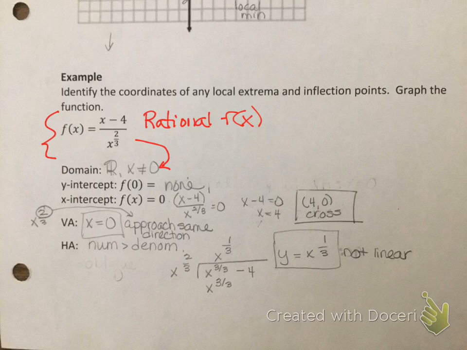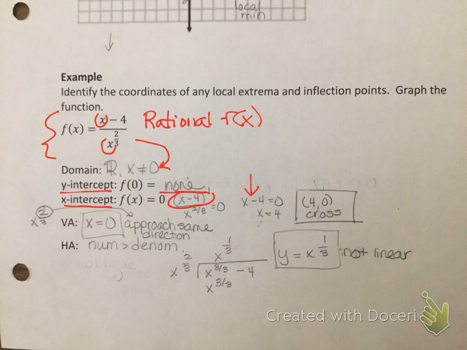To find the y-intercept, we plug in 0 for every x. That would give me an undefined denominator, so I do not have a y-intercept. You should recall from graphing rational functions that to find x-intercepts, all you need to focus on is the numerator of the rational function.